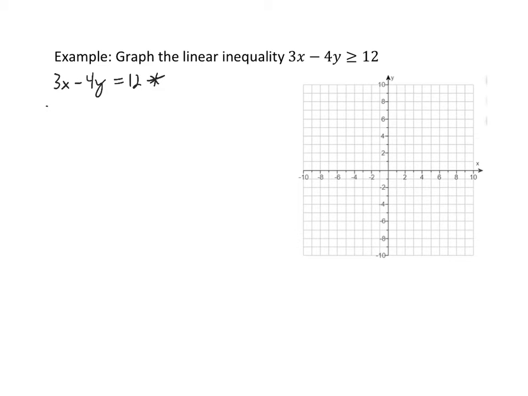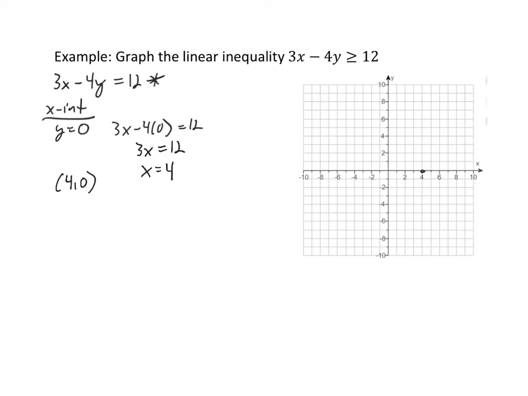So let's first find the x-intercept by making y equal 0. So 3x minus 4 times 0 equals 12. 3x equals 12. So x equals 4. So that gives us a point, (4, 0). We're going to put a dot there.